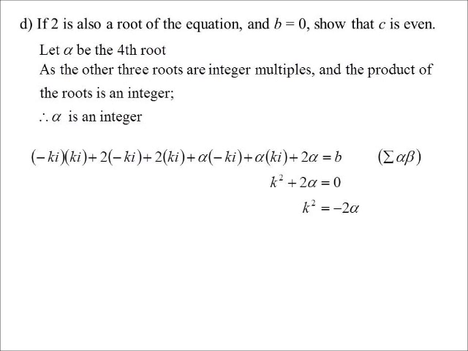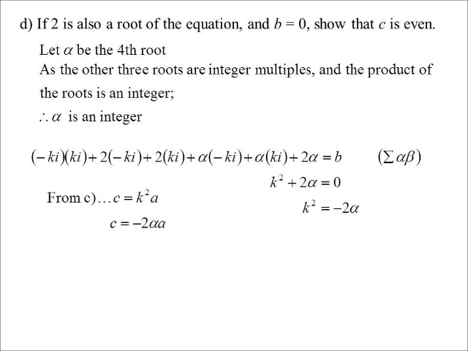We're trying to show c is even. K squared is minus 2 alpha. Let me just redo that. Remember we said c was equal to k squared a. So I can now say c is equal to minus 2 alpha times a.